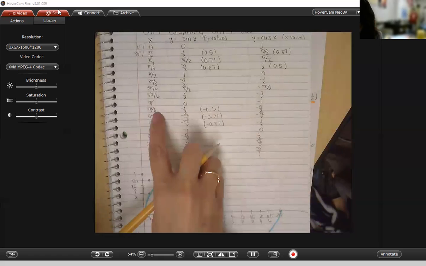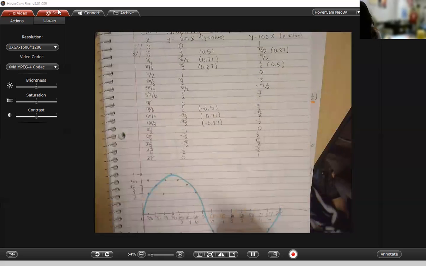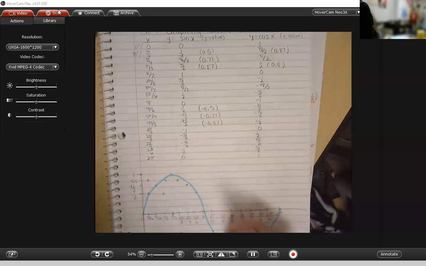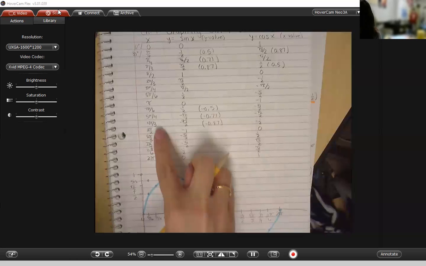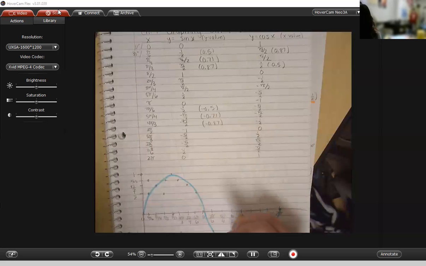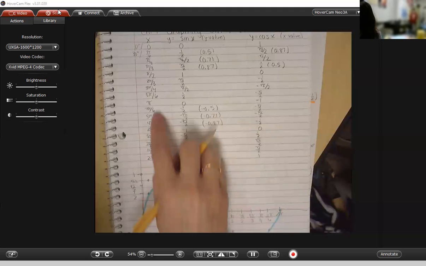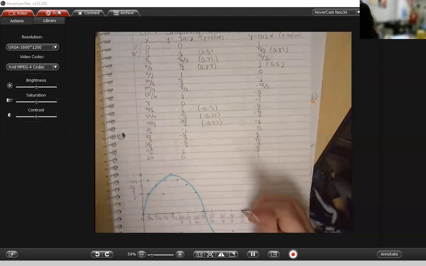What happens next? 7 pi over 6, I'm back to negative rad 3 over 2. 5 pi over 4, I'm back to negative rad 2 over 2. At 4 pi over 3, I'm at negative 1/2. At 3 pi over 2, my cosine is 0.